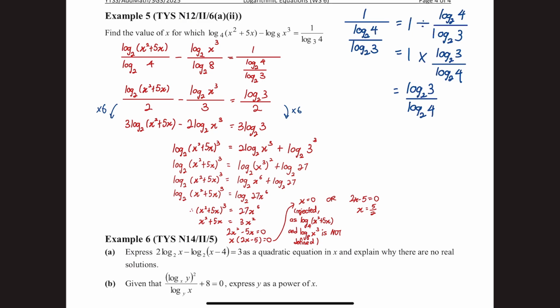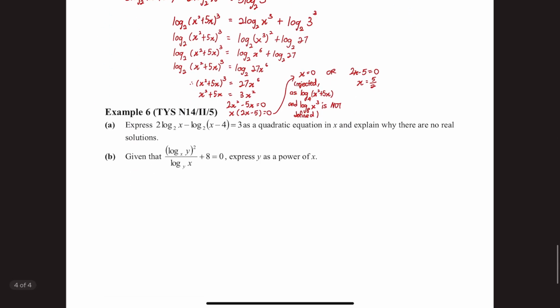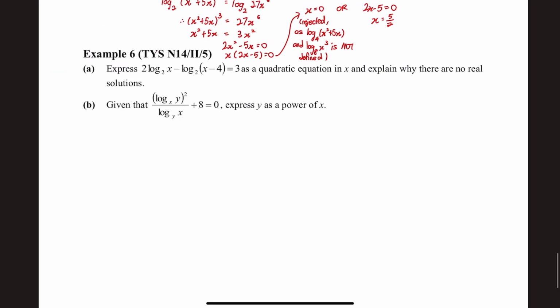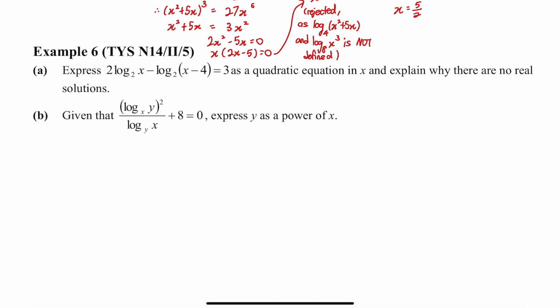Alright, so now let's look at the last example of this worksheet. Okay, example 6. Express this logarithmic equation here as a quadratic equation in x, and explain why there are no real solutions. So very simply, to express this as a quadratic equation in x, we rearrange this equation here.